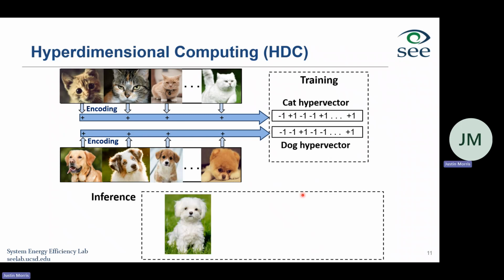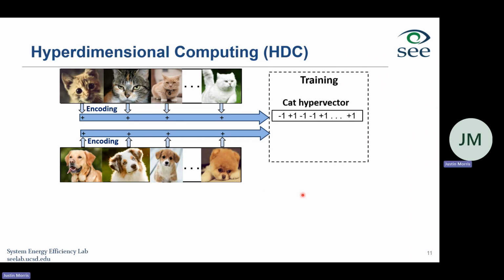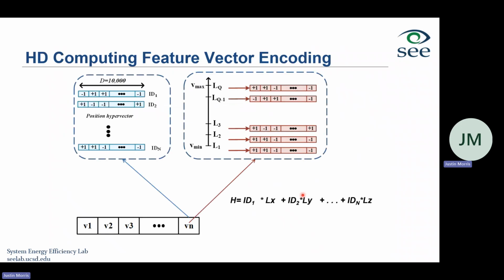You can implement a different encoding. There are many different encodings for HD computing. And essentially for each additional thing that you want to do for your final project, you can get an additional 20% on the final project grade. But the first thing is get the first correct design.